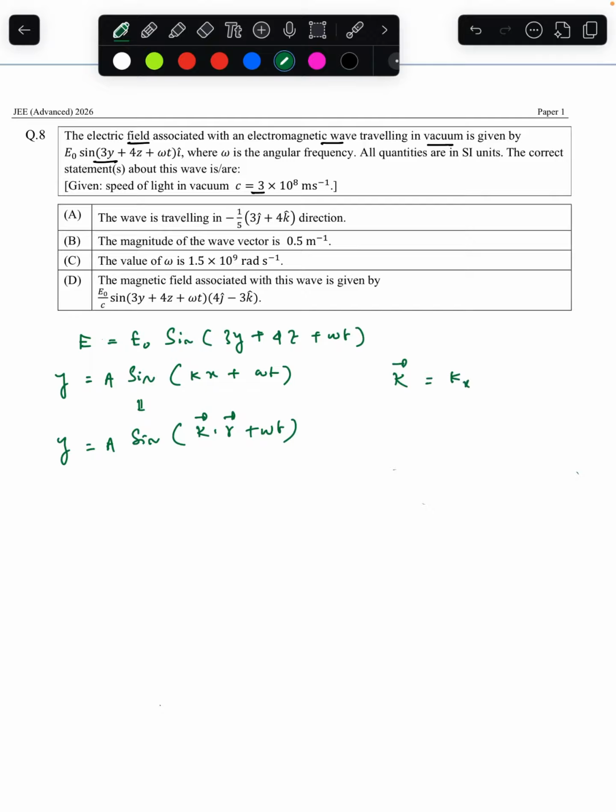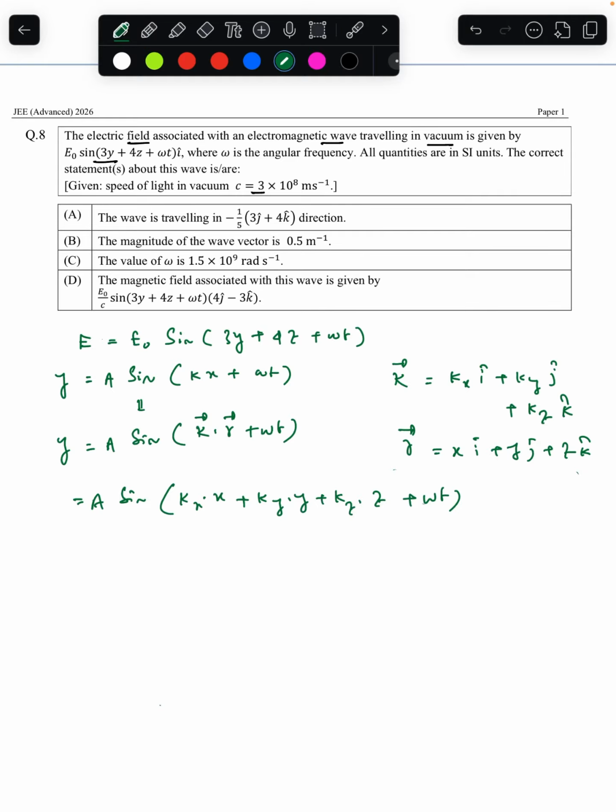How much is that? That is kx i cap plus ky j cap plus kz k cap. And r vector is the radius vector, which is equal to x i cap plus y j cap plus z k cap. So if I do k dot r, it becomes sine of (kx into x plus ky into y plus kz into z plus omega t).